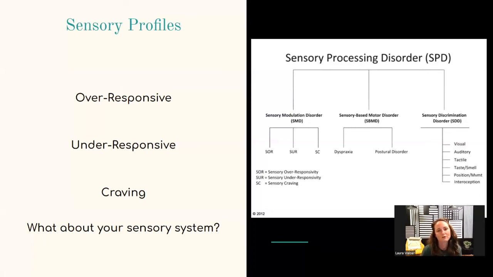Are there certain foods or even textures that you really seek out or look towards? Maybe crunchy or chewy. What about when it comes to movement? Are there certain movements that your body needs on a daily basis, or that your body really tries to get or tells you that you need? Like I said, there's no right or wrong.